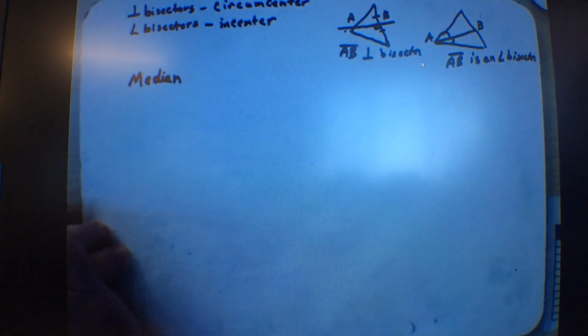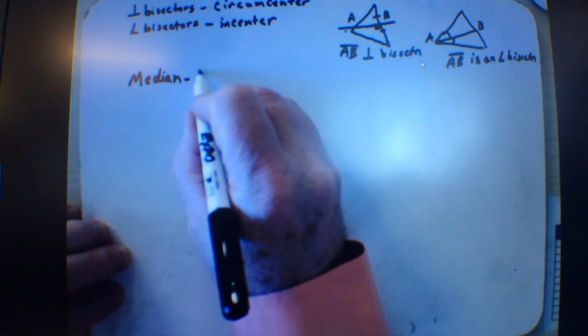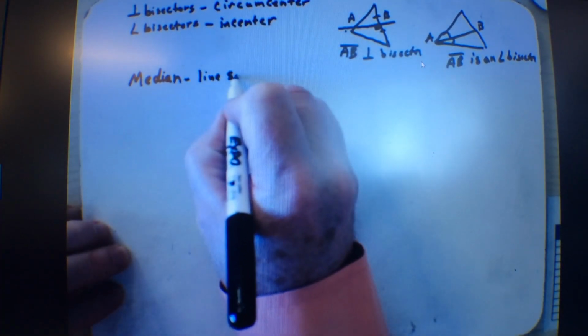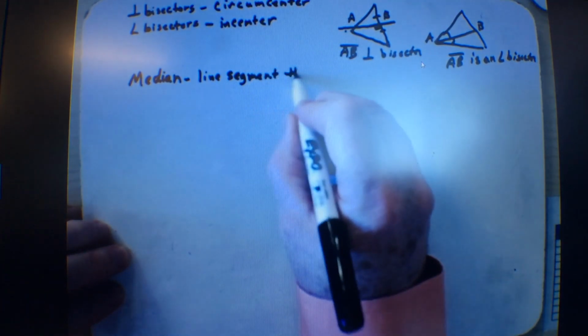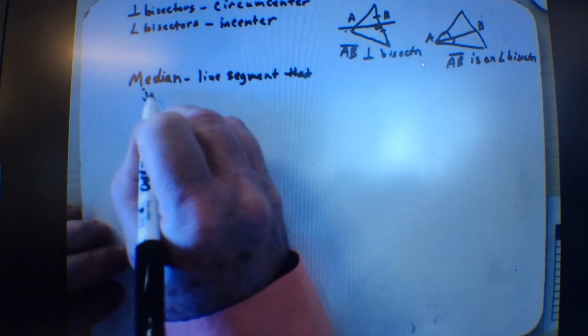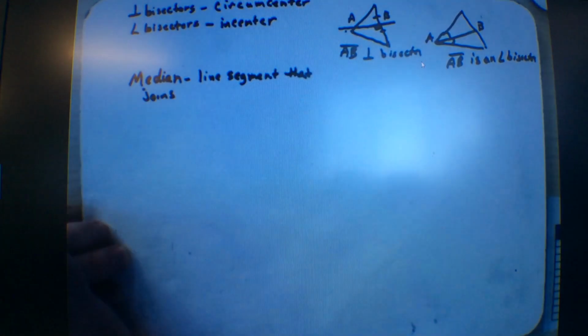A median. A median is a line segment that joins. Now, can it be a line?